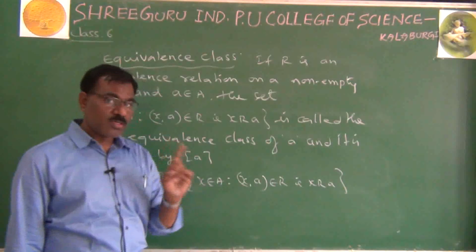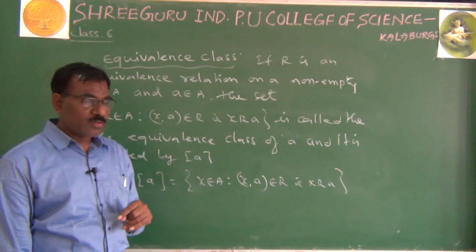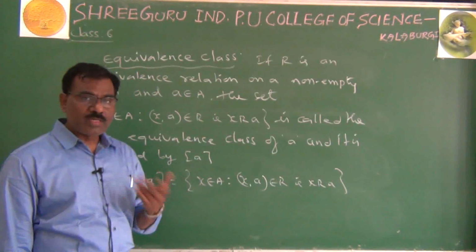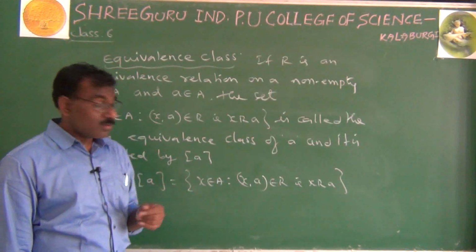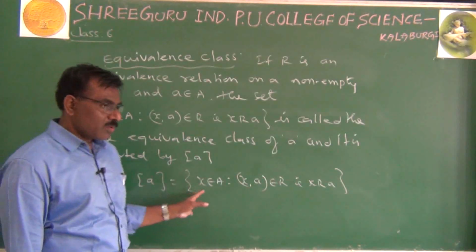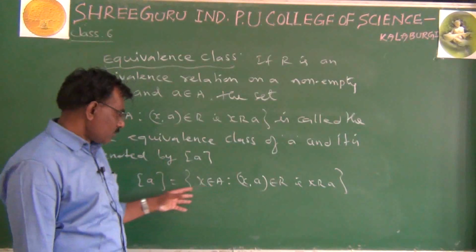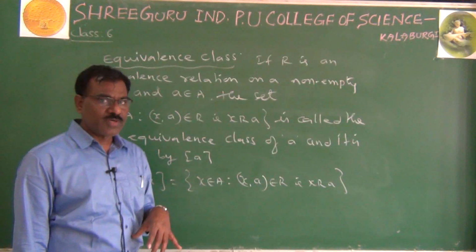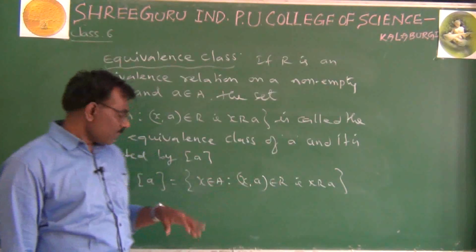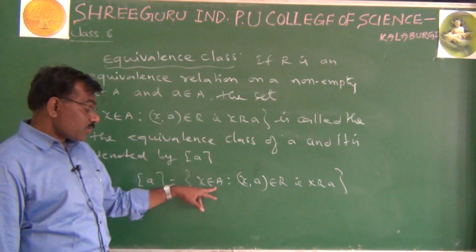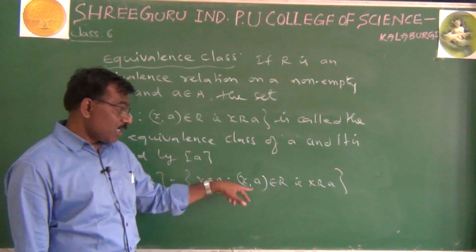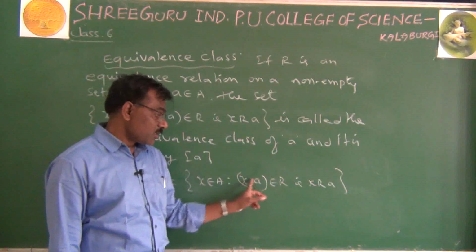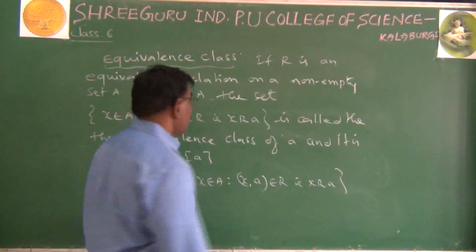You have to remember this formula, be careful. Practice until perfect. Suppose you do not remember this formula, it is very difficult to find the equivalence class. Practice again and again. It is nothing but x is related to a.